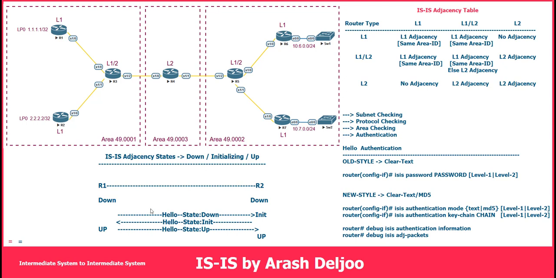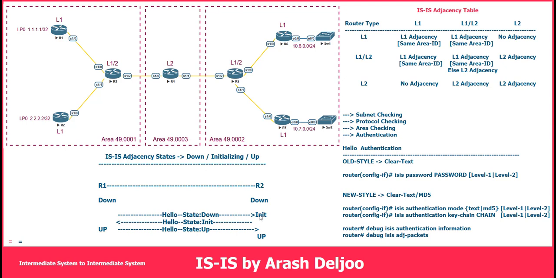Look at this part. R1 in the down state sends a hello message. Inside the hello message, we have the state of R1, which is down. This hello message is received by R2.